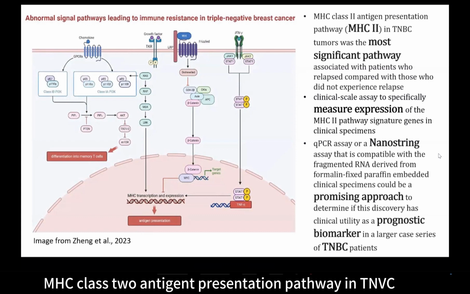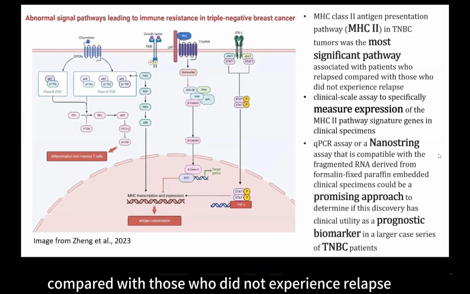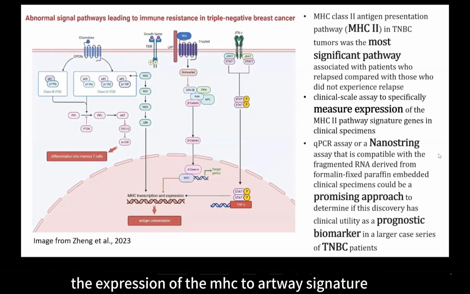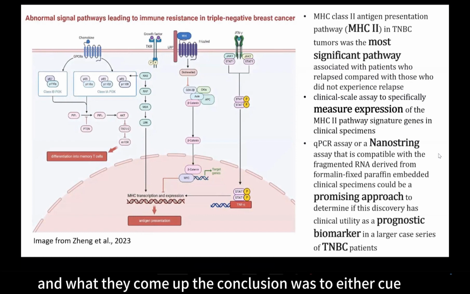The MHC class 2 antigen presentation pathway in TNBC tumors was the most significant pathway associated with patients who relapsed compared with those who did not experience relapse. So they wanted to find a clinical scale assay to specifically measure the expression of the MHC2 pathway signature genes in clinical specimens.